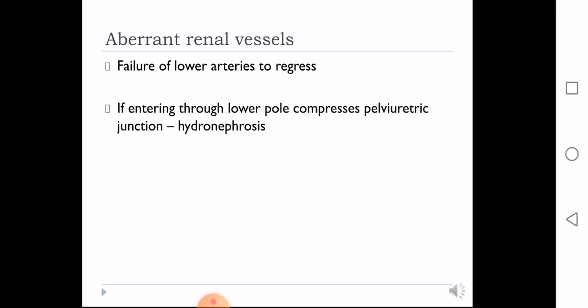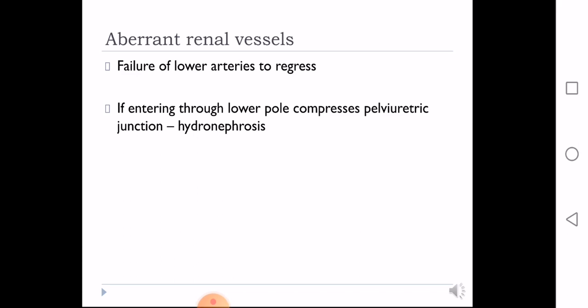Then you have the aberrant renal vessels, or the supernumerary renal vessels. These are relatively common. What happens is that the kidney first arises in the sacral region and then goes up to the thoracolumbar region.